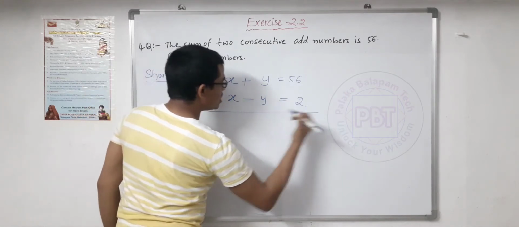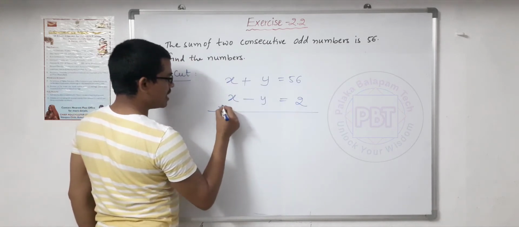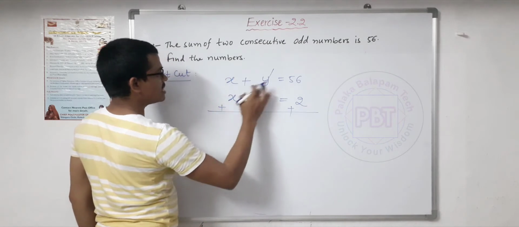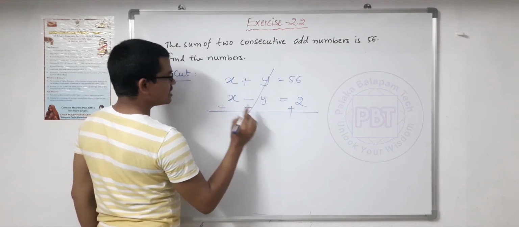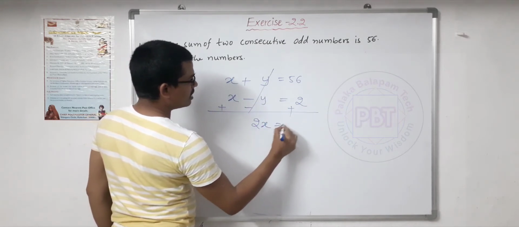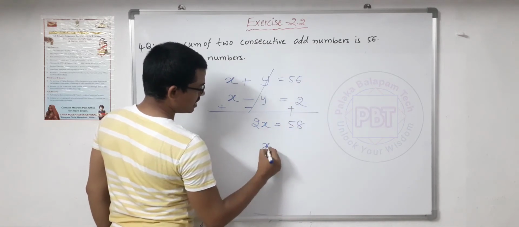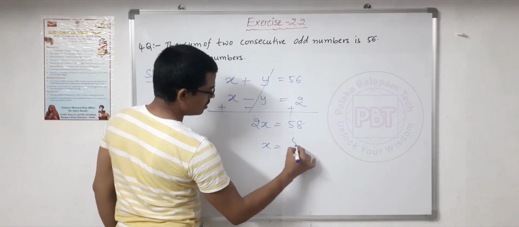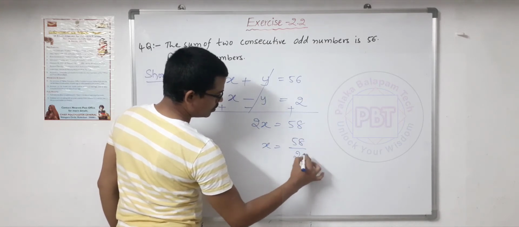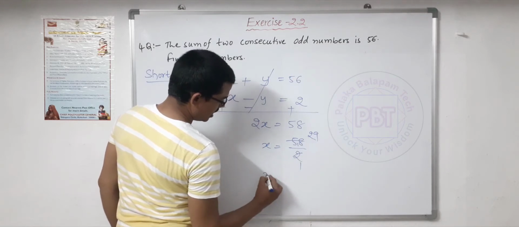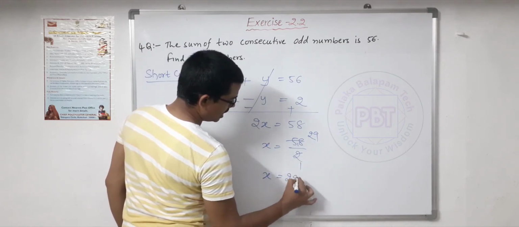Now solving these two equations, I am doing addition. Plus y minus y cancel, giving 0. x plus x is 2x equal to 56 plus 2, 58. x equal to 58 by 2. 2 ones are 2, 2 2s are 4, 2 9s are 18. So x is 29.